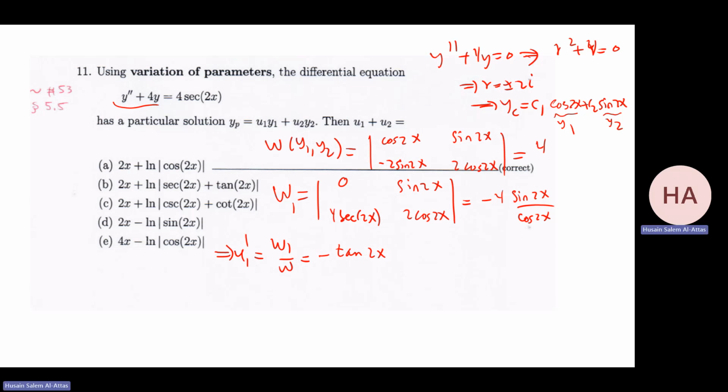We have here 0 minus 4 sine 2x over cosine 2x. That will be minus tan 2x.